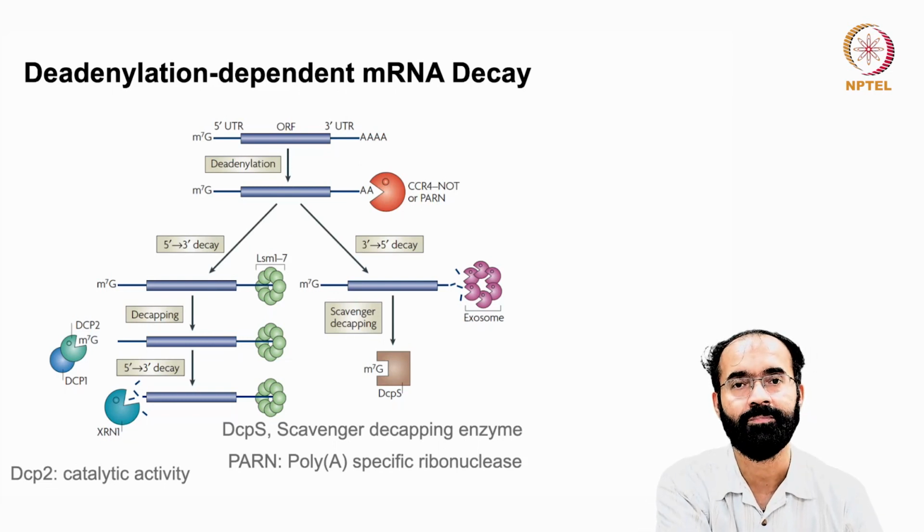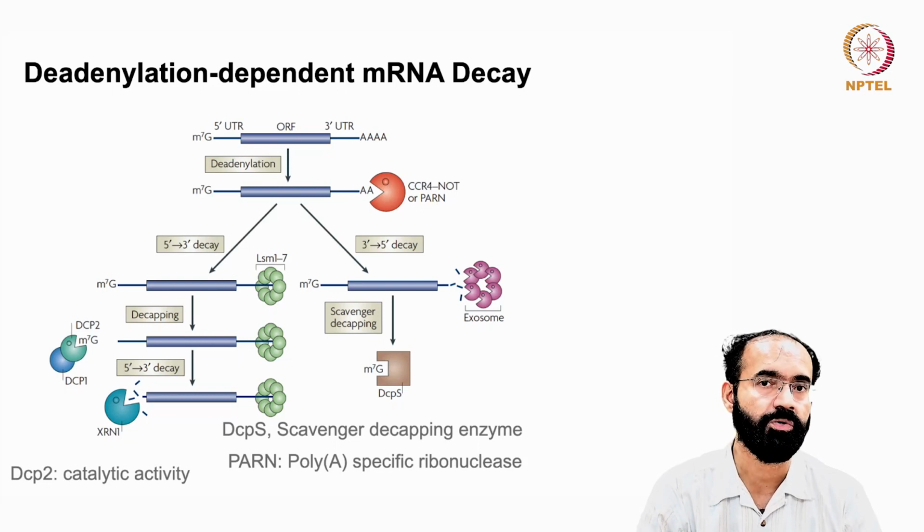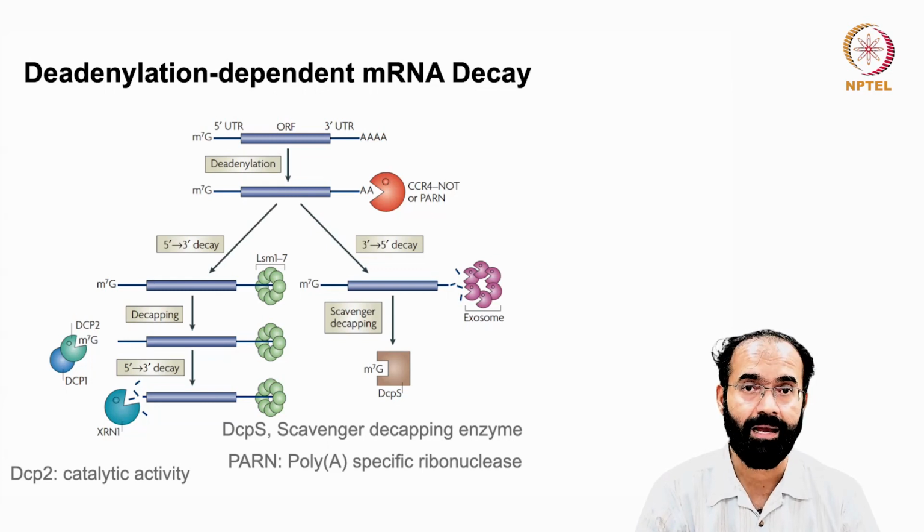Just like I told you, in a herd of buffalo, if one buffalo is limping, that is the dinner bell for the lion which is chasing it. It can easily catch it: if I pursue a little bit, this buffalo is my food. So this LSM1 to 7 is just like a signature for the decapping process.